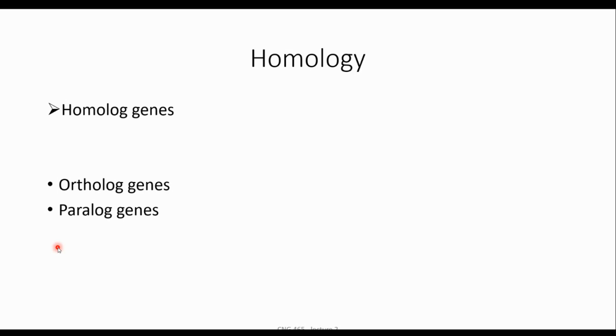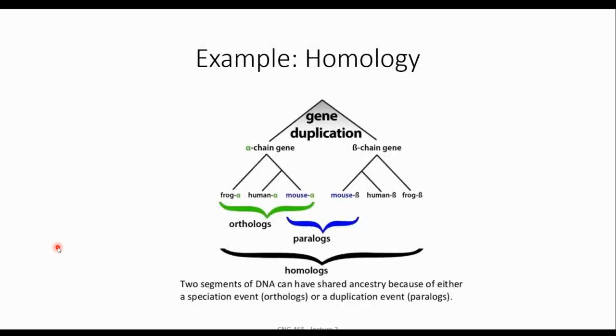So what about these terms like homolog genes? Let me introduce these terms with this picture, so we can understand them better. When gene duplication happens, which is the reason that we are alive, because, for example, we don't say a table is alive, because it doesn't have something like gene duplication. It cannot duplicate its gene.